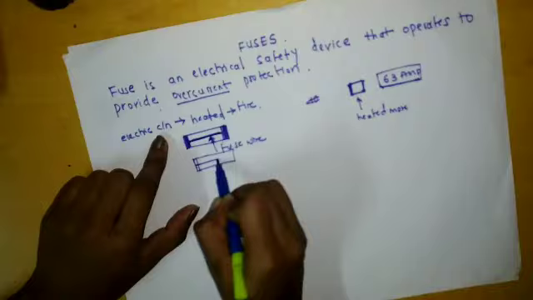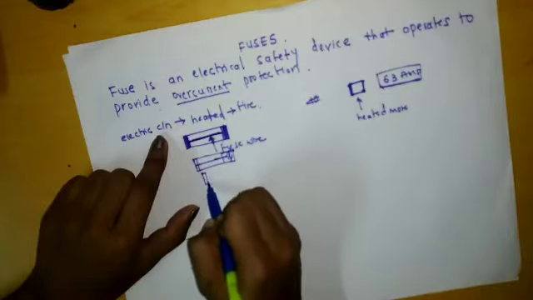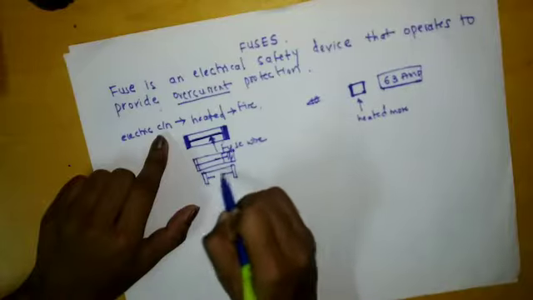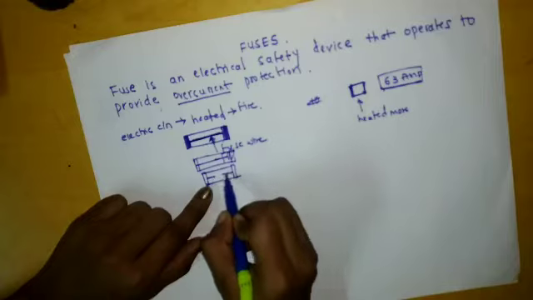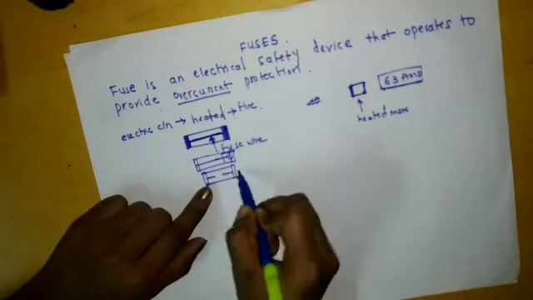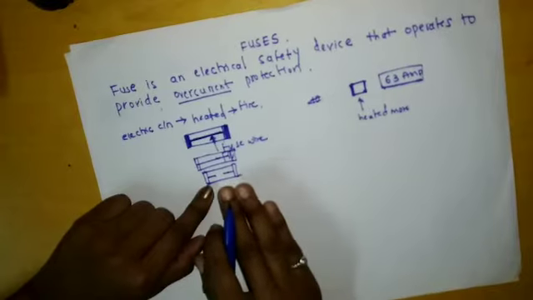That means it will break the circuit. So you can see this will get melted and it will break the circuit, so no current will be flowing through this, and this will act as a safety device.